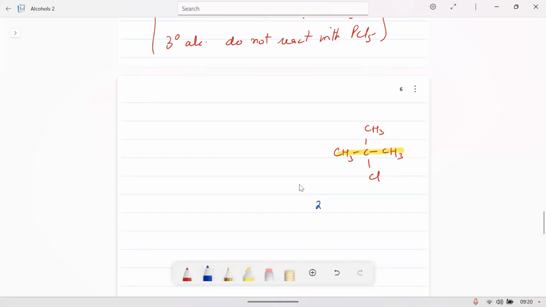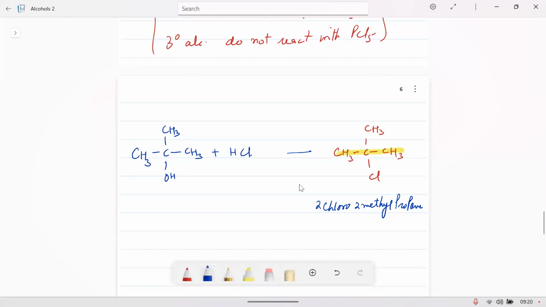So you will name this as 2-chloro-2-methylpropane. So I want to make this. To make this, I need a tertiary alcohol, which will be this thing. So I cannot use the PCl5. So what we will do is we will react it with HCl.